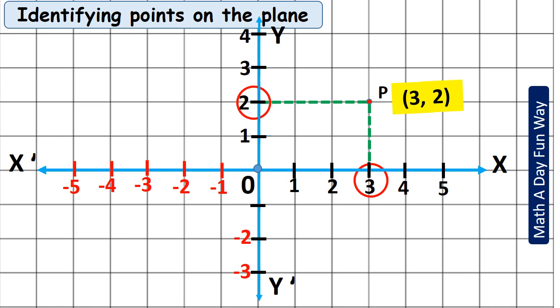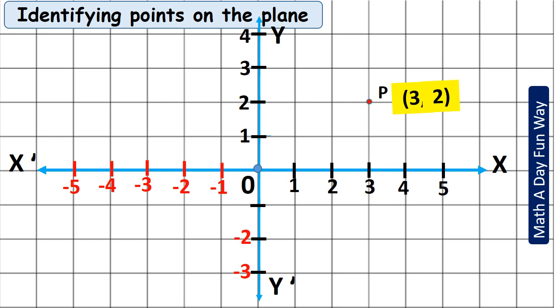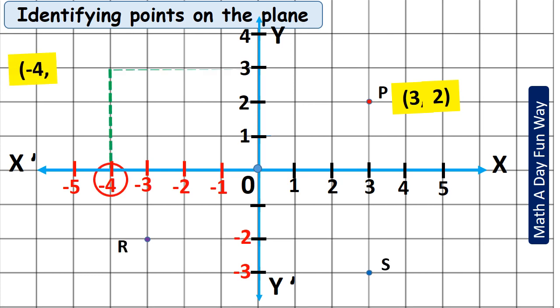So, the y-coordinate is 2. Now, watch carefully to get the coordinates of points Q, R, and S. Dropping perpendiculars from point Q on both the axes. Observe the coordinates of points R and S.